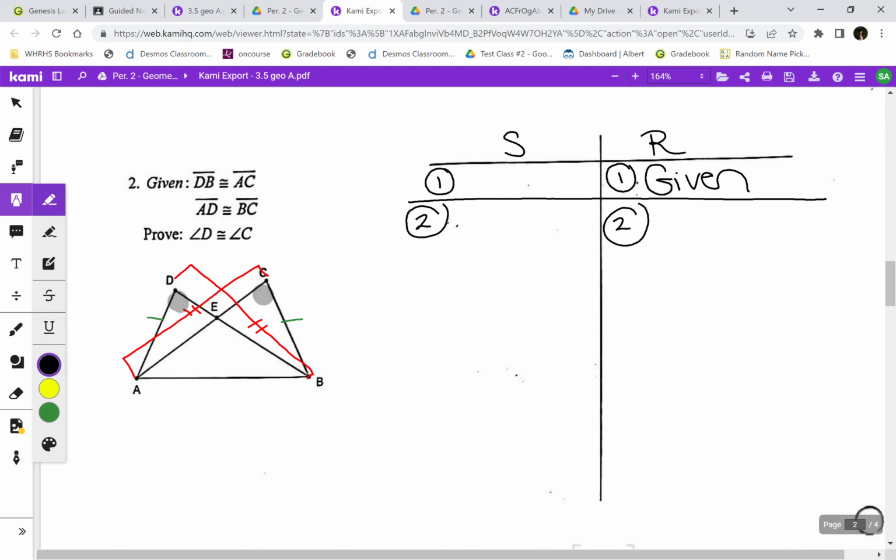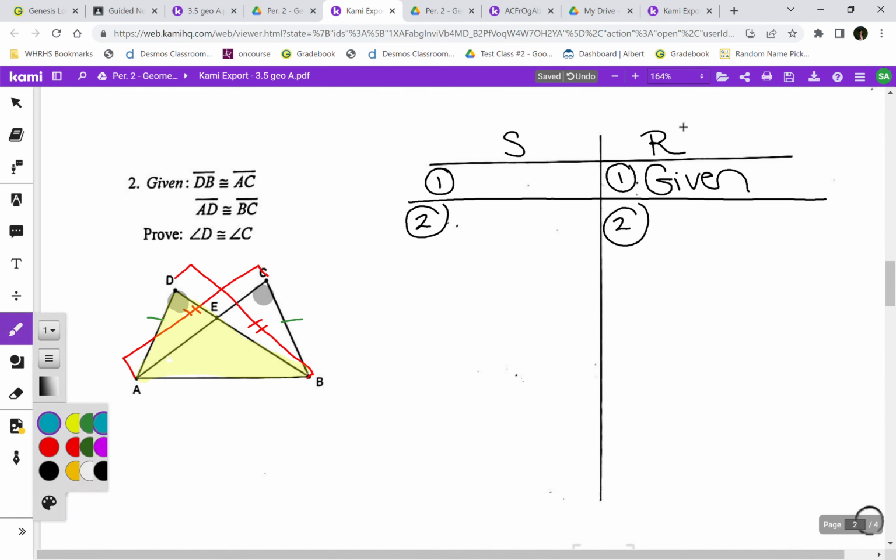You got it. So we have triangle ADB right here that I'm highlighting in yellow, and triangle CAB, which I'm outlining in blue. So now I'm going to redraw these triangles.